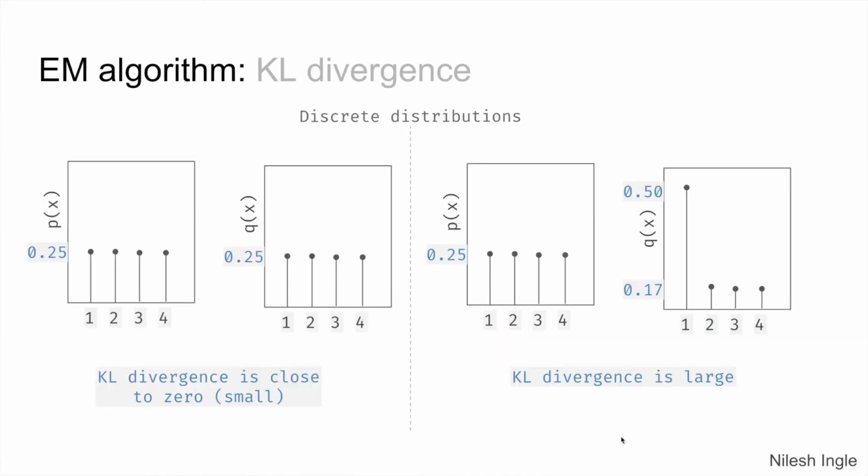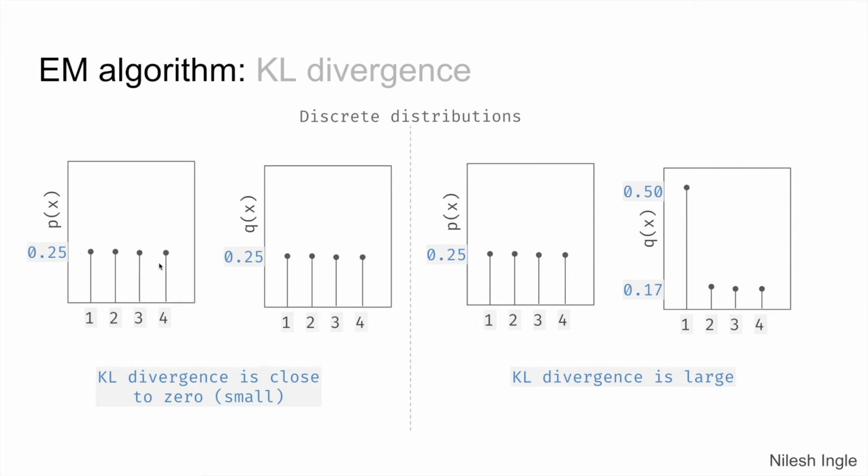Now these plots would help understand how that works. So let's say we have two discrete distributions, p of x and q of x as shown here, and we have these four ticks shown here, and all of them add up to 1. So we have 0.25.